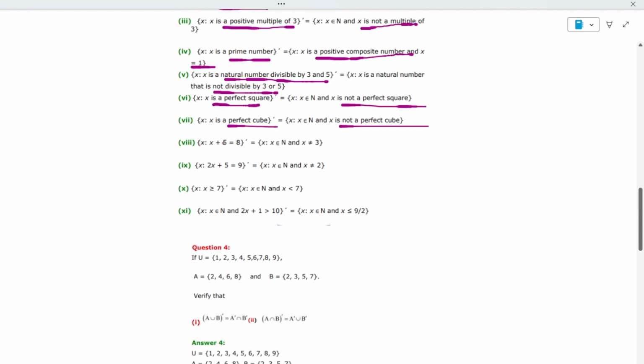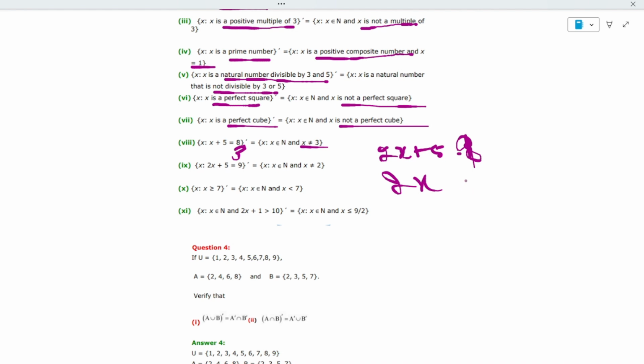If you take x plus 5 is equal to 8, x will be equal to 8 minus 5, that is 3. Here it will be not equal to 3. Here if you solve this, 2x plus 5 is equal to 9, they have given, sorry, 9. See, 2x you keep as it is.